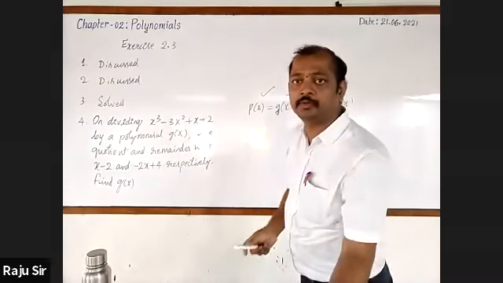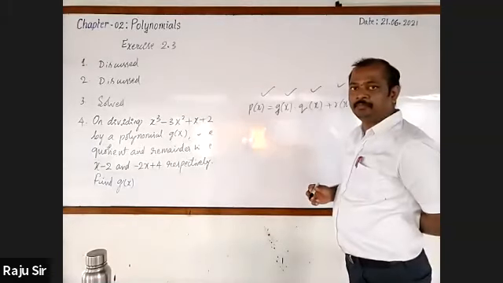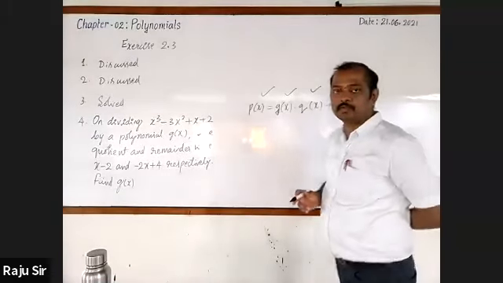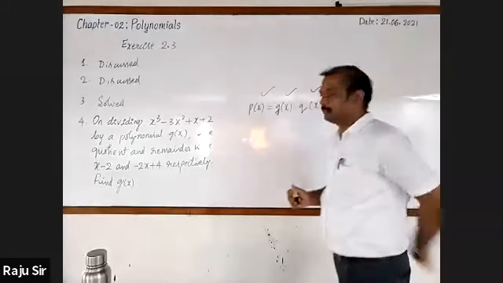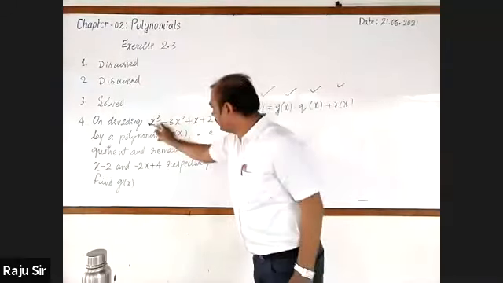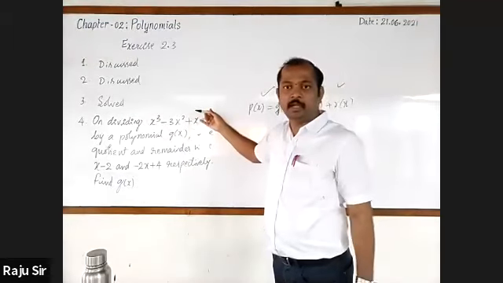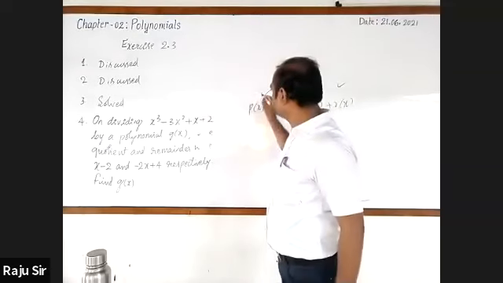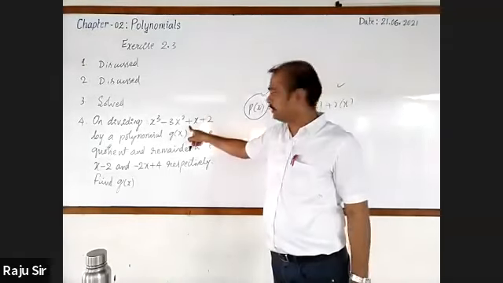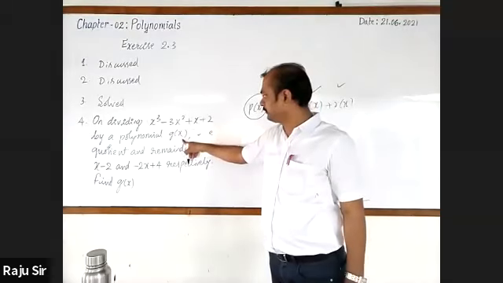Please observe the board. Saurav, look at the board. See, you are going to divide this polynomial. As it is to be divided, this will be the dividend, p of x. It should be divided by g of x, nothing but the divisor.